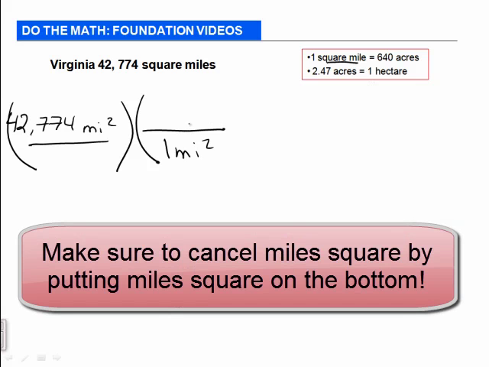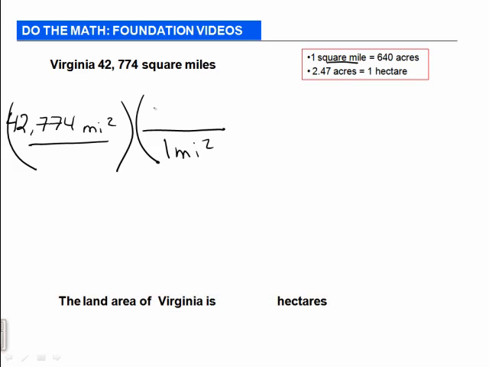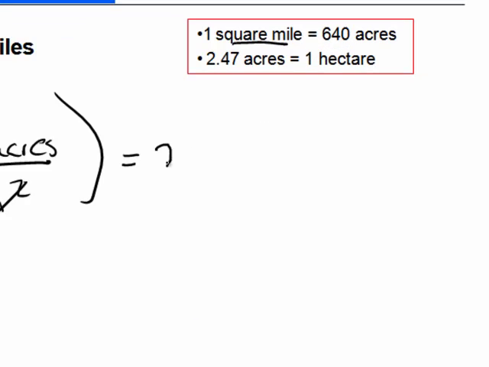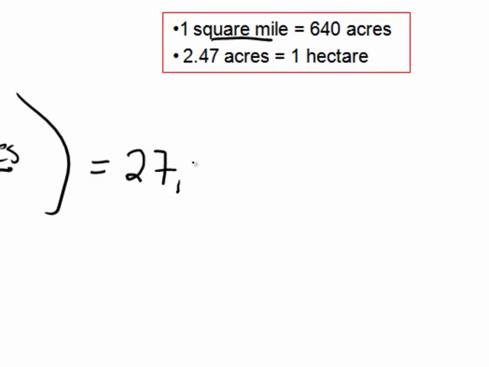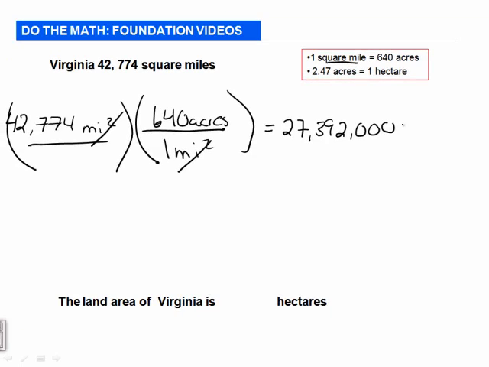I put it on the bottom first. And I'm going to say 640 acres. The mile squared cancels. I'm going to multiply these two numbers together, 42,774 times 640. I get a pretty big number, 27,392,000 acres.